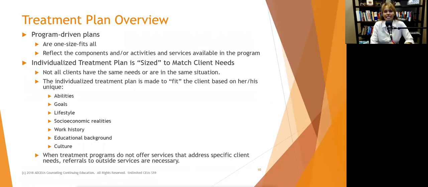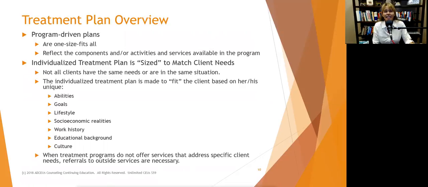But unless something was glaringly obvious or reflected something more like a disability, a lot of times the program didn't adjust to people's individual needs. So that's a program-driven plan. It's a good plan. It works for probably 60-70% of the people, but the other 30% fall through the cracks.